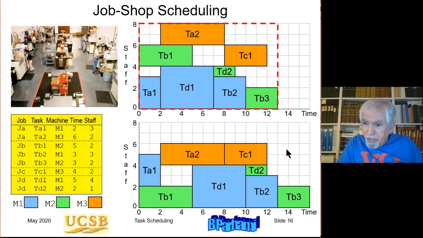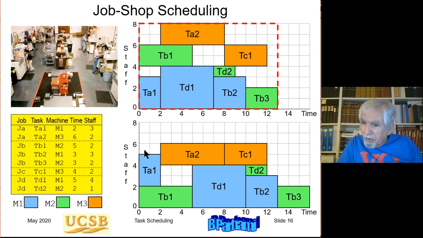So the question is, is this better than that one? Okay, well, the answer is it depends. How do you define better? One way to define better is the product of the number of employees by the number of time units. So 6 times 16 is 96.